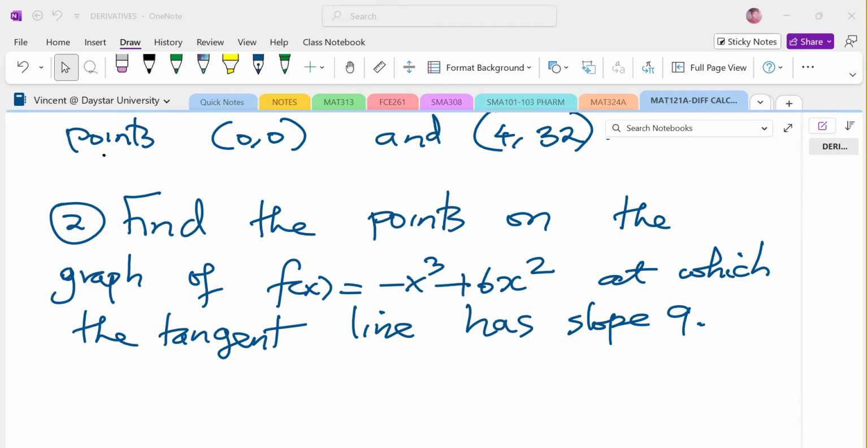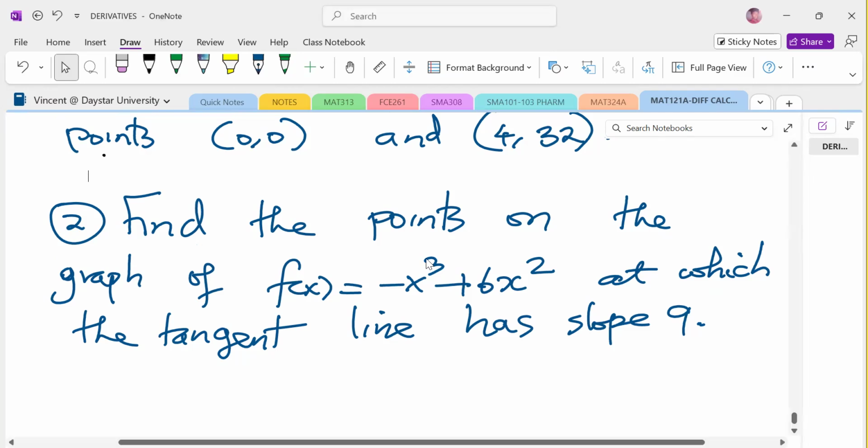The equation itself equals 9. So minus x cubed plus 6x squared equals 9. Okay, that's one way. Any other person with a different opinion?